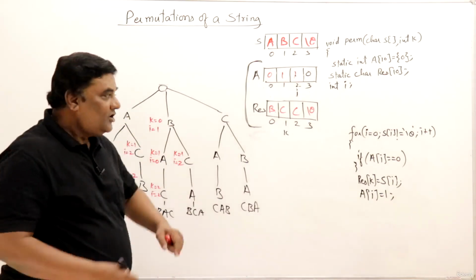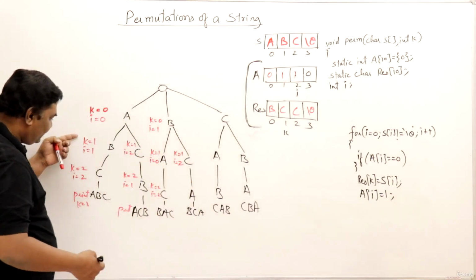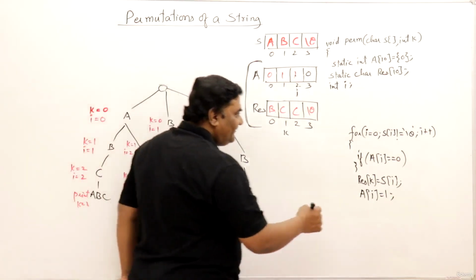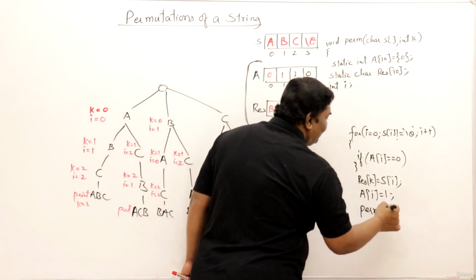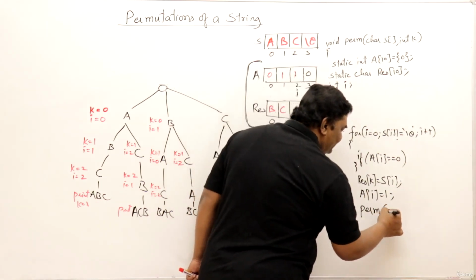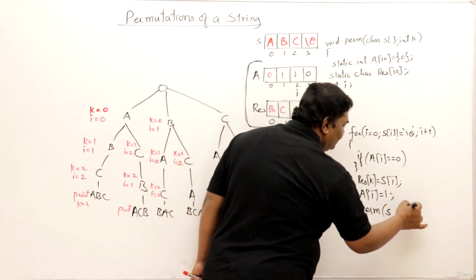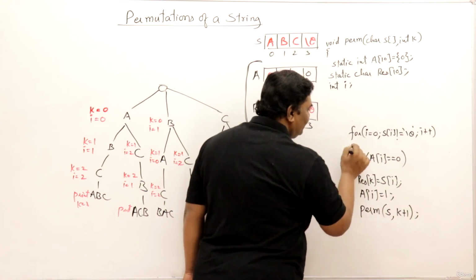The next step is what? Call itself again with the next value of K. Call itself again, that is I am calling the function name as PERM, P-E-R-M, permutation. So S, the string, is as it is, but K plus 1. Yes, so this will call itself.